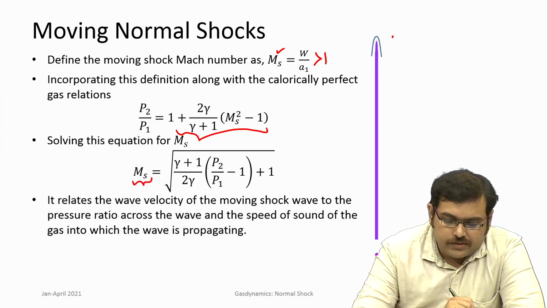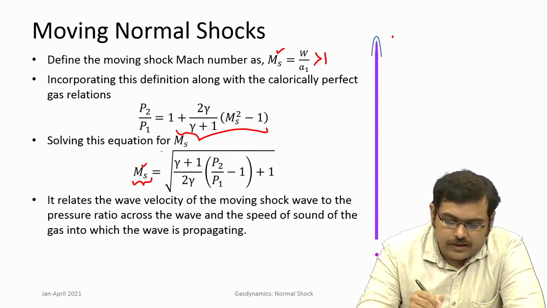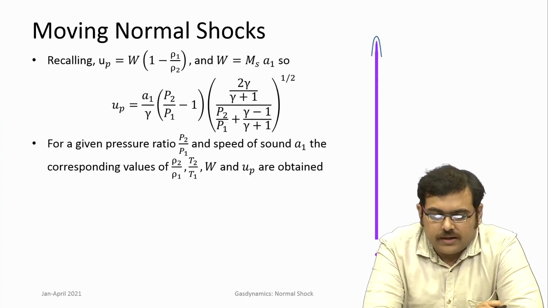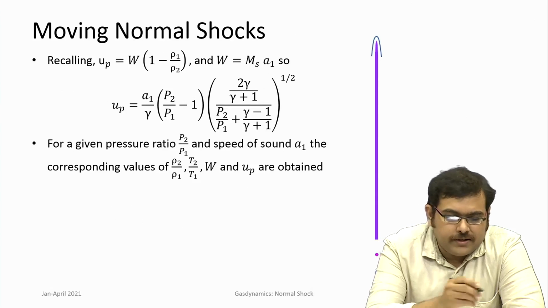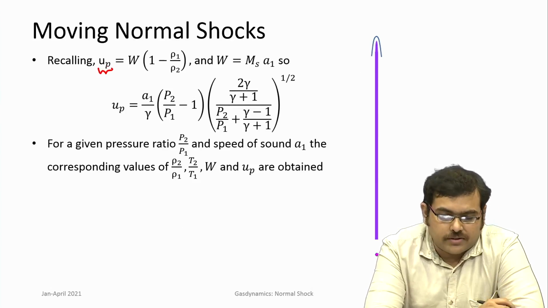So, pressure ratio of the shock and the Mach number of the shock wave are related to each other. Then we come to how we can express the speed of the gas moving behind the shock.